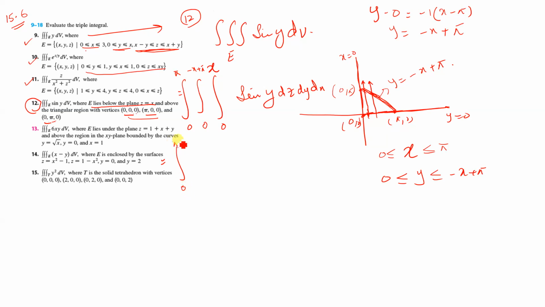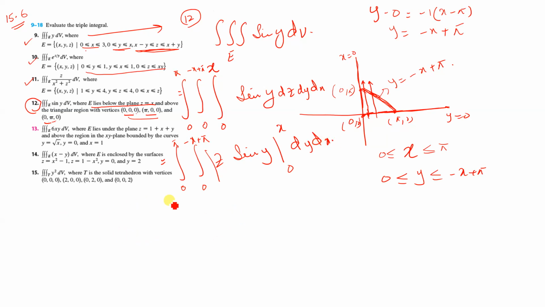So first of all, we are going to integrate this function with respect to z. So z times sine y, and the limits for y are 0 to -x plus pi, dy dx.